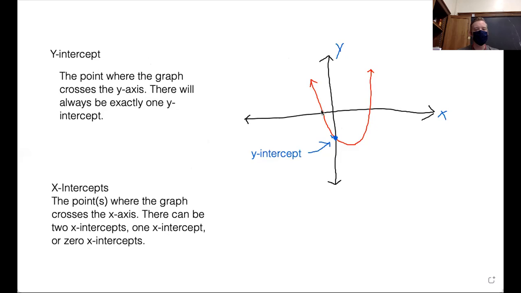On this graph right here, though, we see that there are two x-intercepts right here where the graph crosses the x-axis.